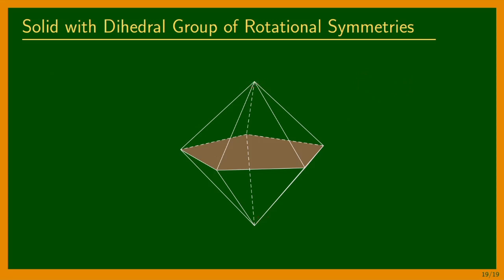Ito kasi maliban sa pwede mong i-rotate, pwede mo pang, ano pang pwede mong gawin? Pwede mo pang i-rotate ng, halimbawa, ito. Kunin mo tong axis na to. Pwede mo pang i-rotate ito ng 180 degrees.